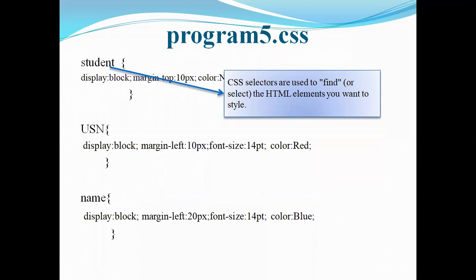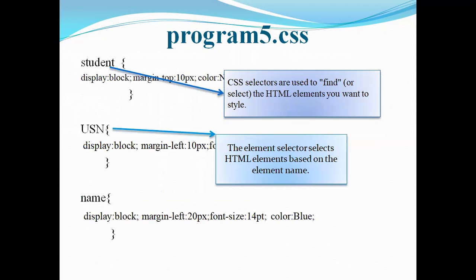Next, look at that. In order to specify the styles for the elements, CSS selectors are used. We can make use of different selectors. Why we are using selectors is to find the HTML elements we want to style.